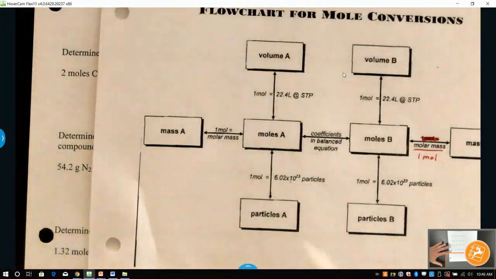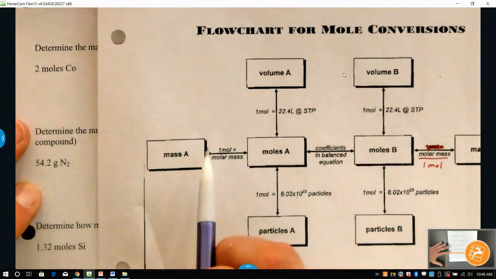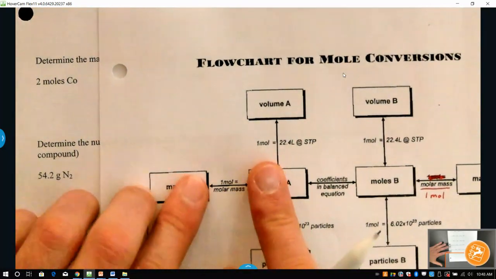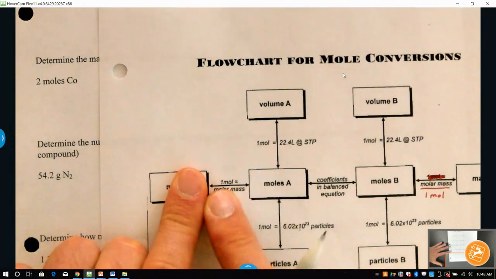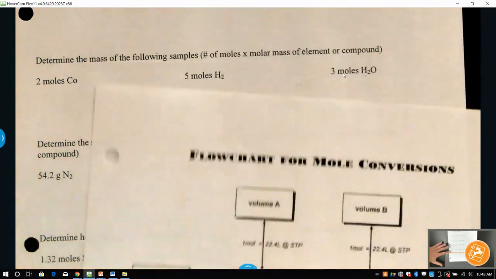Also shown here in the roadmap, they gave us a certain mass. You put it in the starting position, and then this little bracket goes up: 1 mole of that substance over its molar mass.